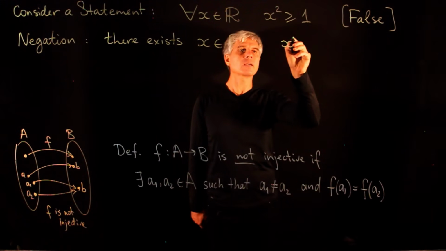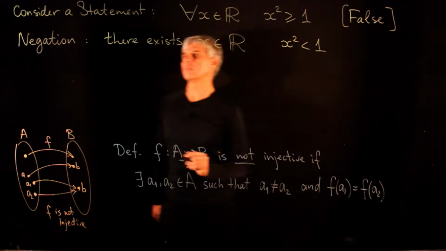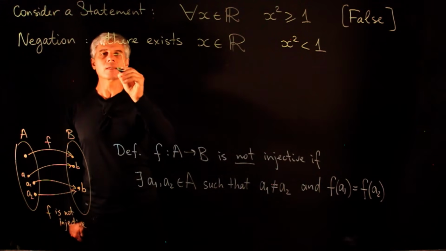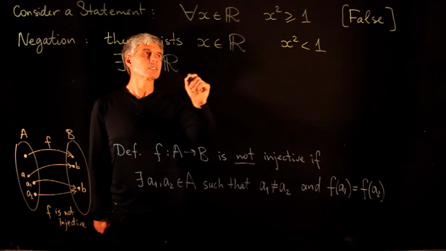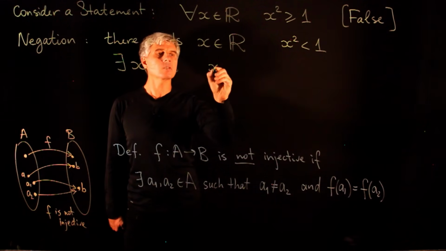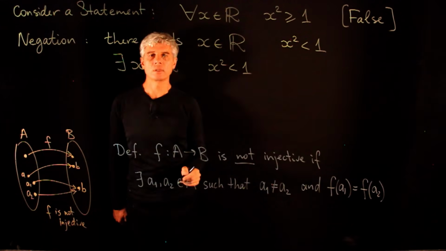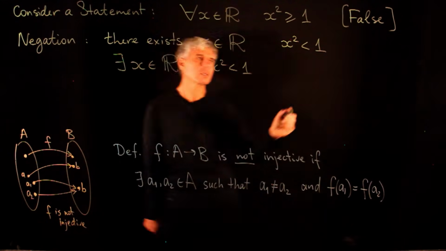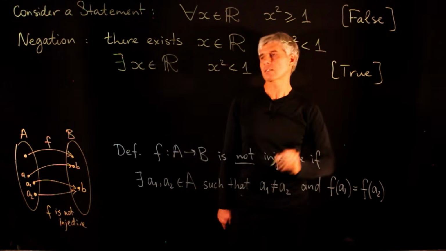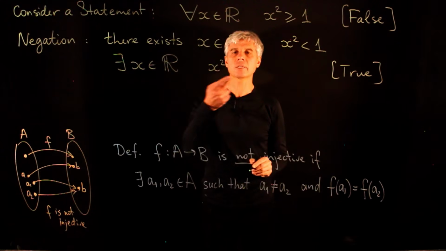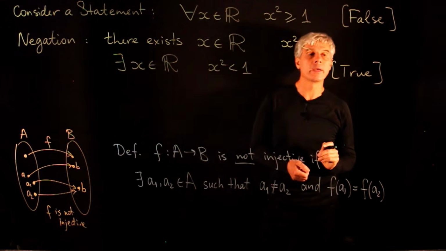So we have that x squared is actually less than 1. So here we get that there exists x in R such that x squared is less than 1. Now, is this a true statement? Yes, it is a true statement. So for example, x is equal to 0.